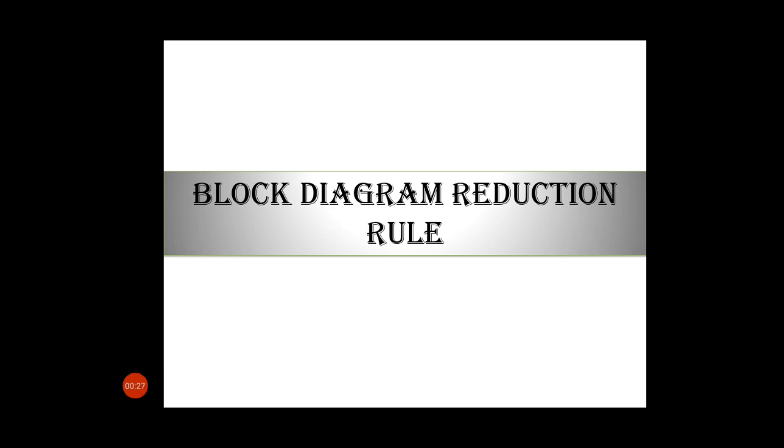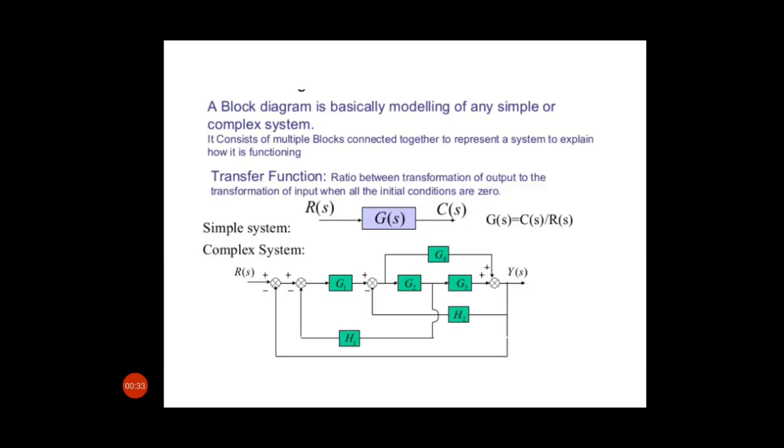So in this class I want to discuss what do you mean by block diagram. Generally, a control system contains a number of components. So the function of each component can be represented with the diagram called as block diagram.